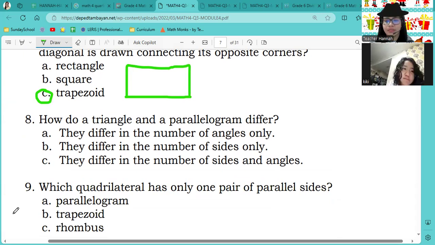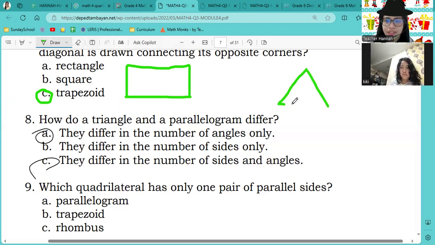Okay, can you answer number 8? How is a triangle different from a parallelogram? What's the difference between a triangle and a parallelogram? Okay, so let's see. Okay, so you have a triangle here, and then you have a parallelogram.